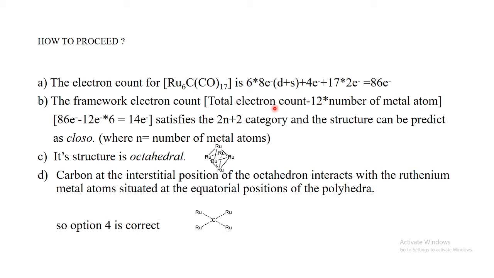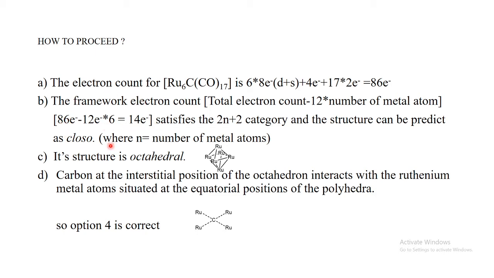The total electron count in this organometallic cluster is 86 electrons. We have 86 electrons minus 12 into the number of metal atoms. We have 6 ruthenium atoms. So 12 electrons into 6, we will have 72 electrons. So 86 minus 72 will be 14 electrons.